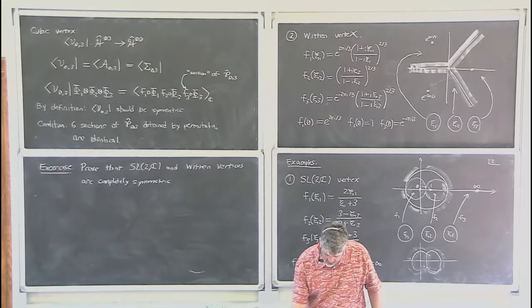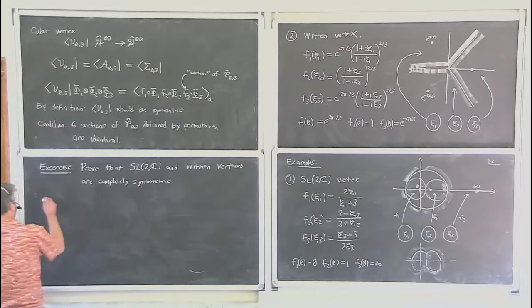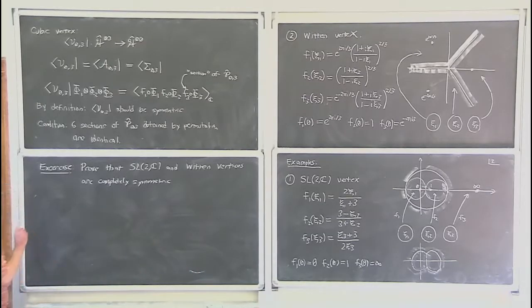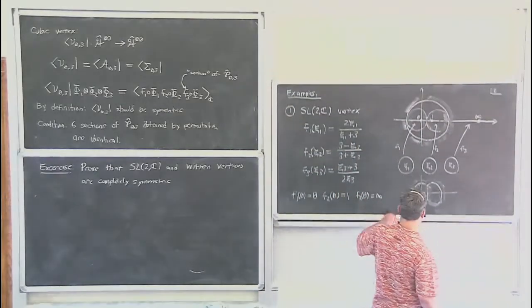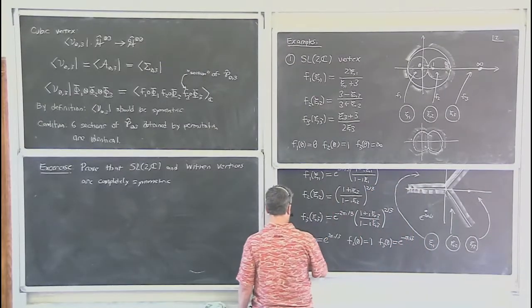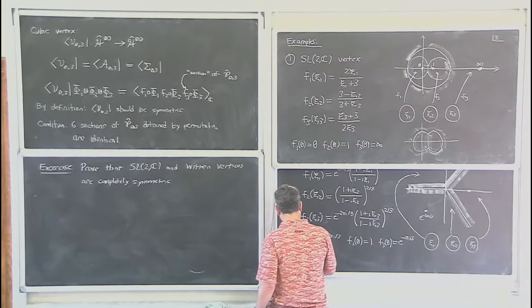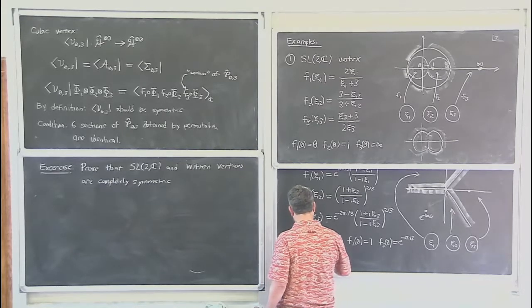Okay. So there's a third vertex. Oh, wait. I wanted to make a further comment about Witten's vertex. Witten's vertex is naturally related to the minimal area problem.